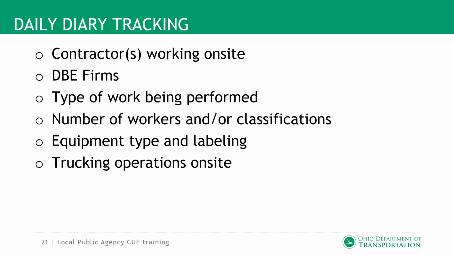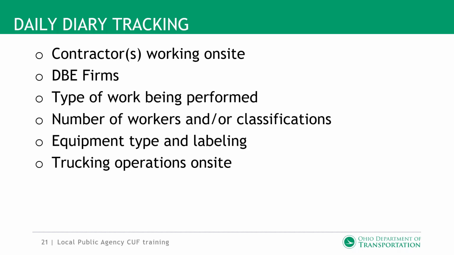If you see someone operating a backhoe or a paver, then you obviously know that's an equipment operator. Or if you see someone driving a truck, then you've got a truck driver on the job. So those are general classifications, although classifications are listed on the prevailing wage, the federal wage rates, the classifications are spelled out on those wage rates.